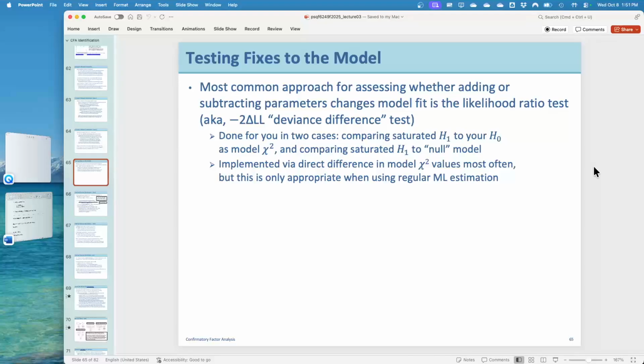The idea that once we condition on f, y1 and y2 become uncorrelated. That's a huge, important part. And we can quickly make the model fit by adding a residual covariance between y1 and y2 if that's a problem. But now we can't just claim that f is the only reason that y1 and y2 are correlated, which is a direct attack on validity.